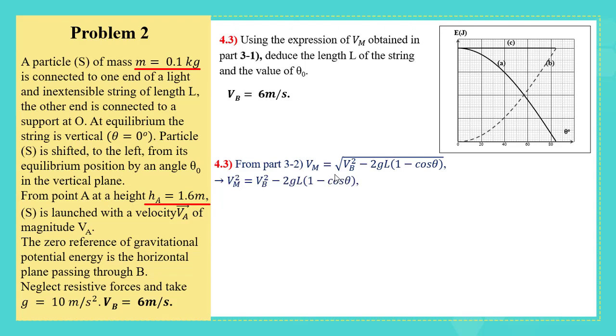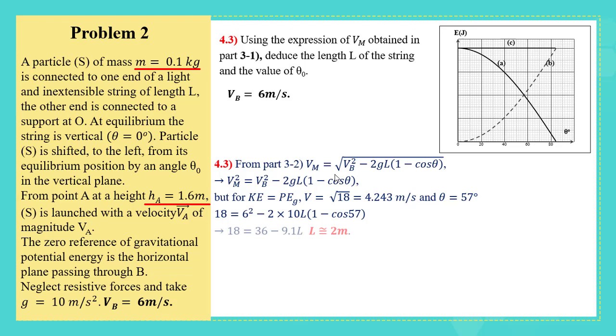If we square both sides, we get this expression, and considering the situation where kinetic energy equals potential energy, V equals radical 18 and theta equals 57, try to solve this equation, then L will be approximately 2 meters. At this point, L is found.